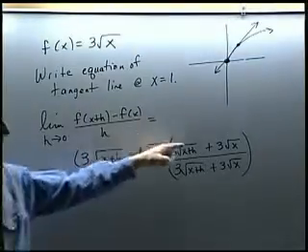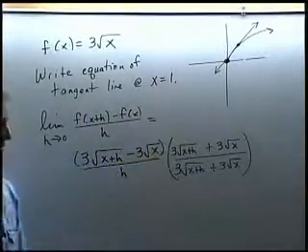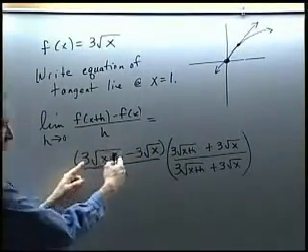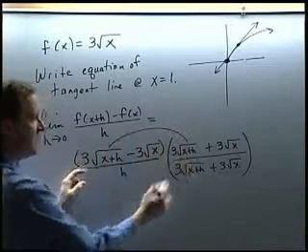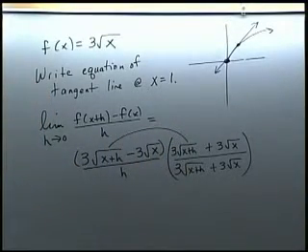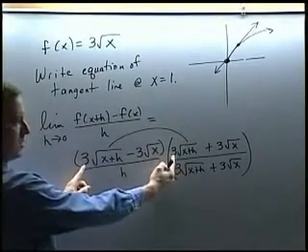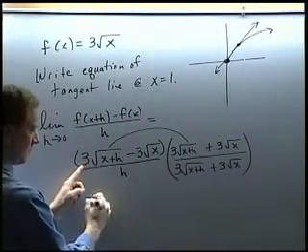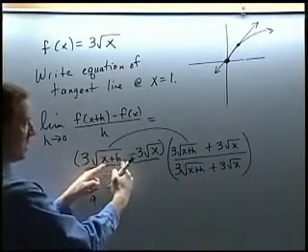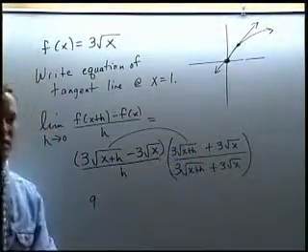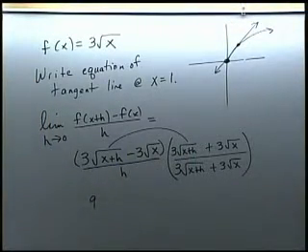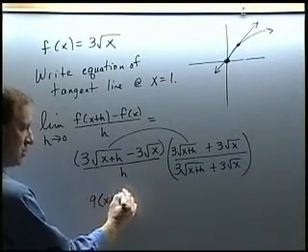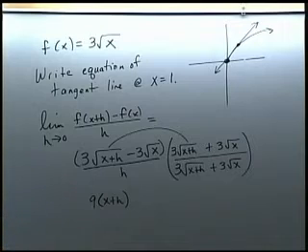We need to FOIL out the numerator to see what this equals. All right, when I take the first term times the first term, okay, first of all, what number do I get? 9. And when you multiply the square root of x plus h times itself, what do you get? x plus h. Okay, we've seen examples similar to this earlier on in the semester.